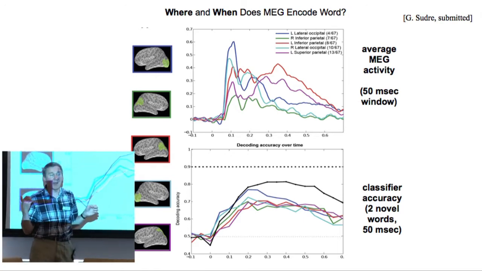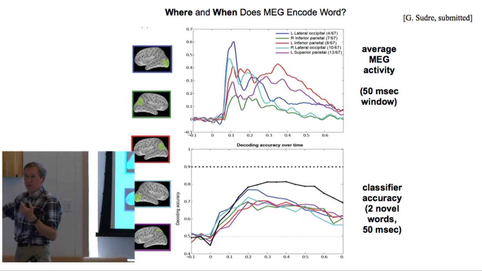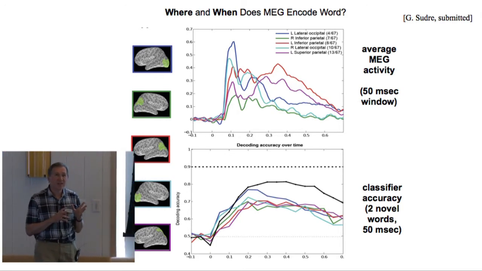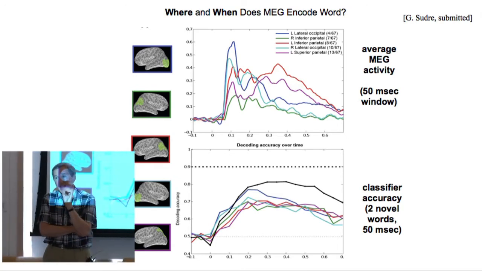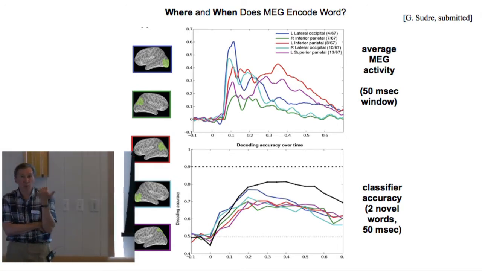In fact, if you go back to that movie, you see that most of the activity from MEG was well before 400 milliseconds. So it's not the case that where we see the greatest activation is where we're seeing the information coded. It's quite the opposite.